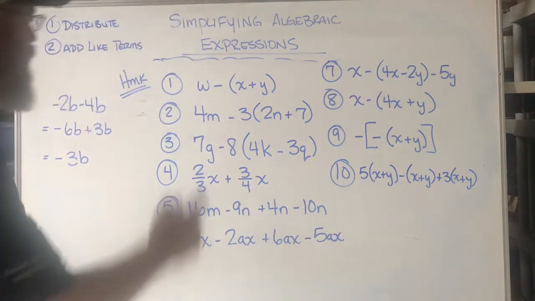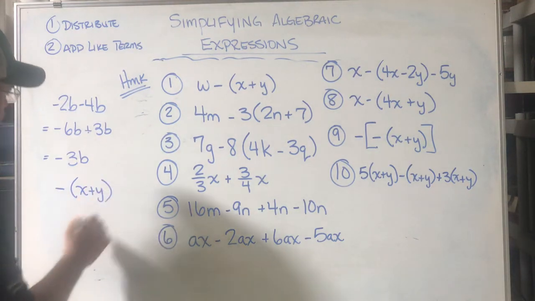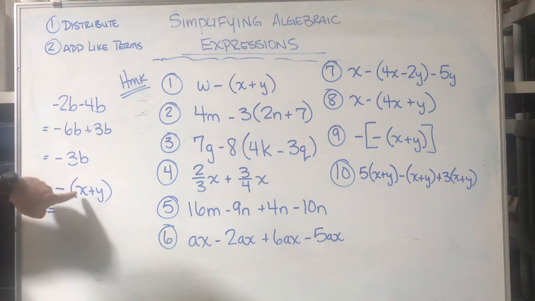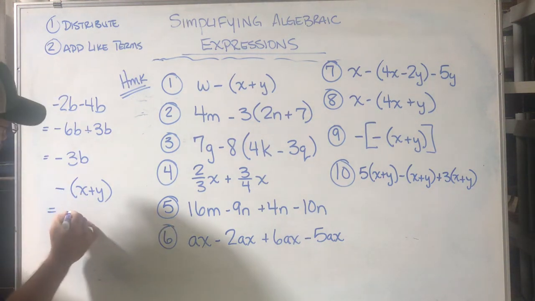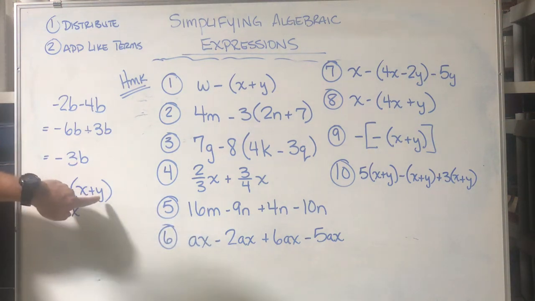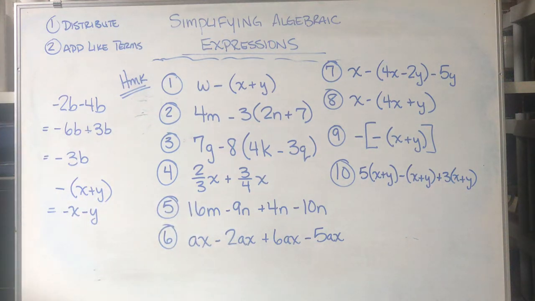All right, so if I have negative x plus y, that equals, if I distribute that negative to a positive x, that turns that into a negative x, and then a negative times a positive y turns that into a negative y. Okay? So you do not forget that you have to distribute those negatives.